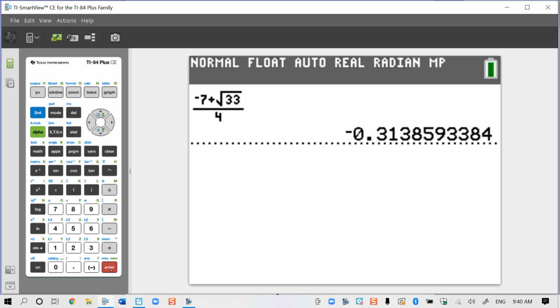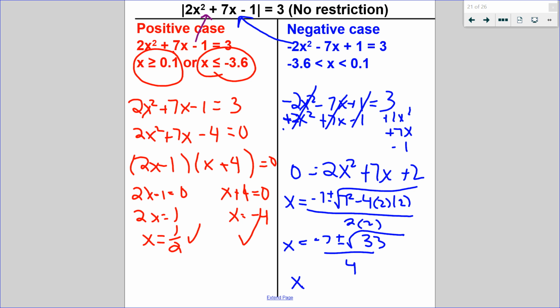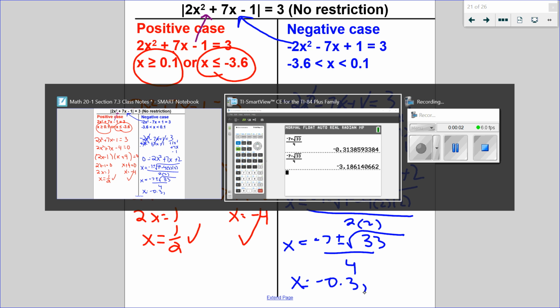That's my first one, and let's come back up here and grab my second one, but we're going to change it to a minus. There we are. So I want to know if these values meet the subdomain. I've got negative 0.3 rounded, and negative 3.2.